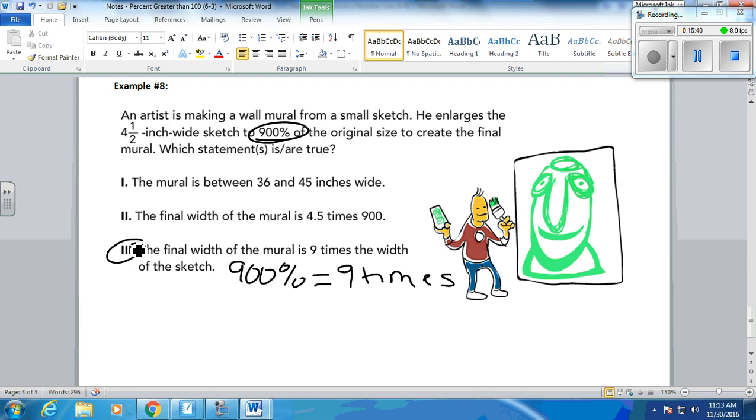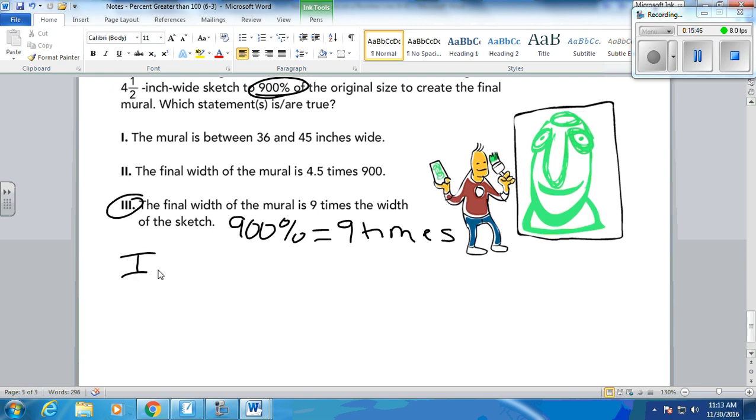The work for one I'm going to do right down here. I need to figure out that if the mural is 4.5 inches wide, that is the original. The original mural is 4.5 inches. Then the new one that he's going to be making, I don't know that amount, but I know that it's 900% the original size.